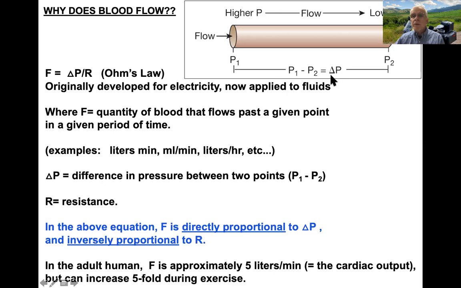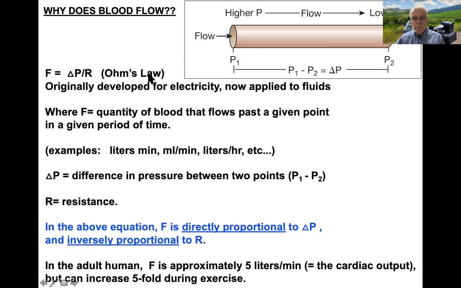So there has to be a difference in pressure between this end and this end for fluid to flow. And in this diagram, she's just arbitrarily saying, I've got a higher pressure here and a lower pressure downstream, so blood can flow. We can estimate flow rates using an equation called Ohm's law.